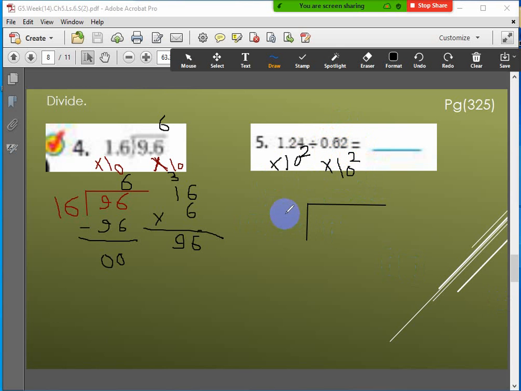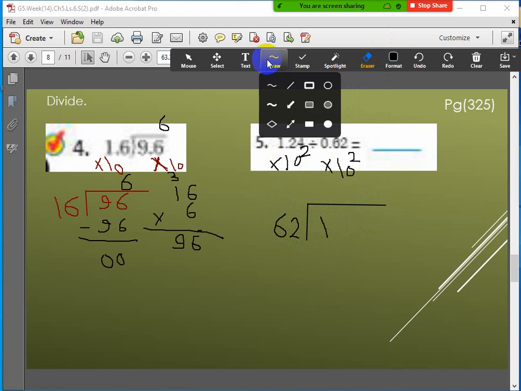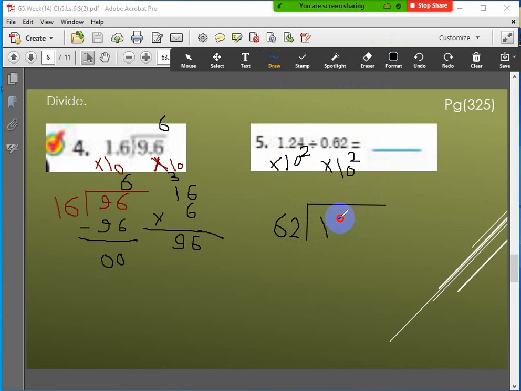So it will be 62. Also, the decimal point here will move 2 digits to the right side, so it will be 124. So the quotient for this division will be the same quotient as for the division before multiplying by the pattern.